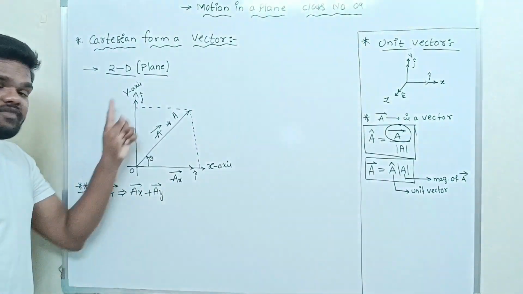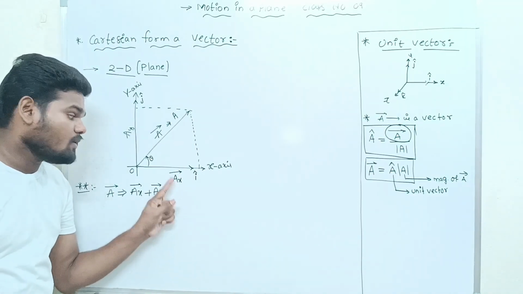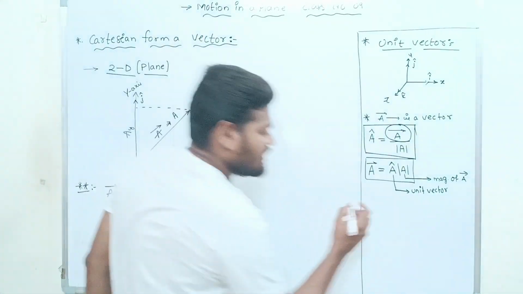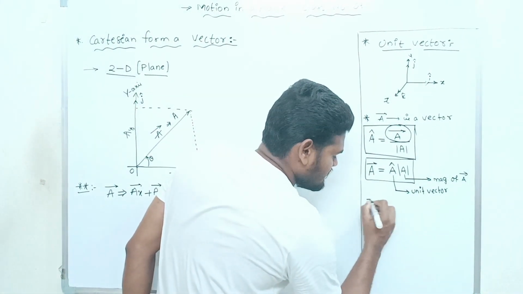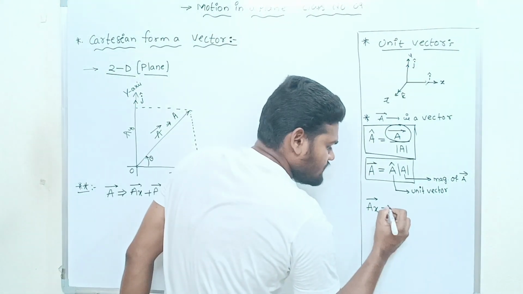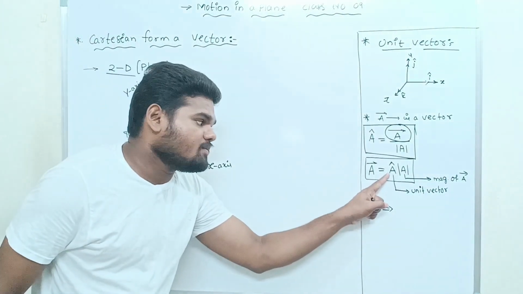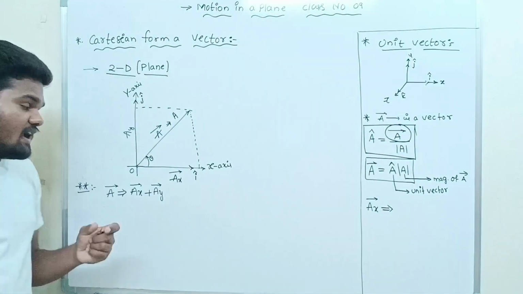So from this diagram, here we have ax bar. From this equation, I am going to write ax bar is equal to a cap into magnitude of a. What is a cap? A cap is nothing but the unit vector. Have a look.